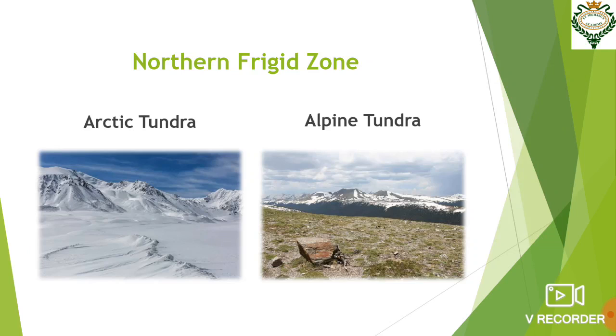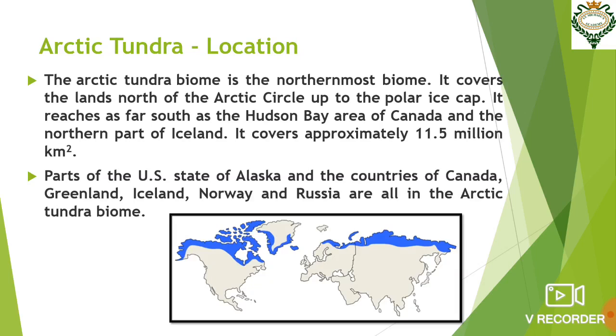Now, the tundra region is broadly separated into two types, Arctic tundra and alpine tundra. And in the northern frigid zone, we find both Arctic tundra and alpine tundra. Today we will start with Arctic tundra.